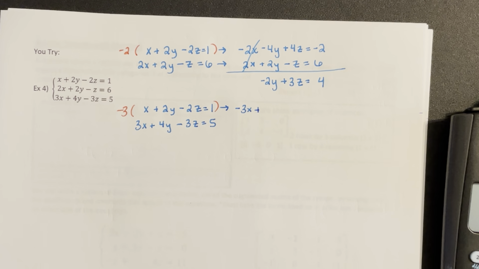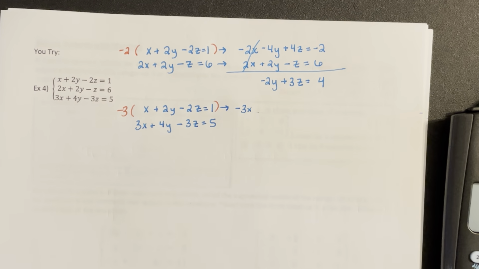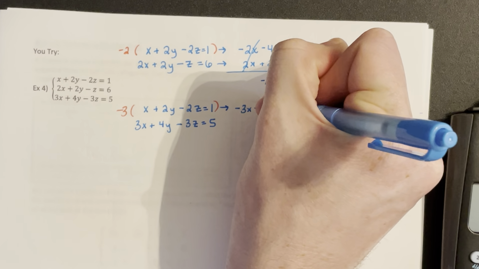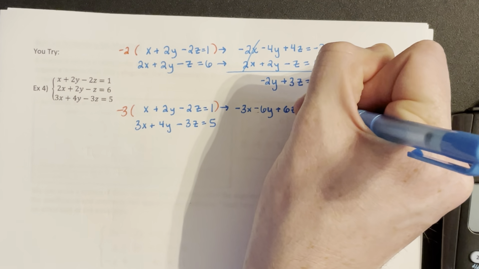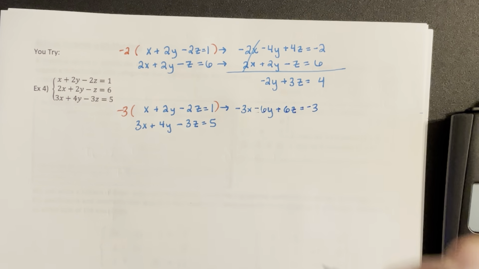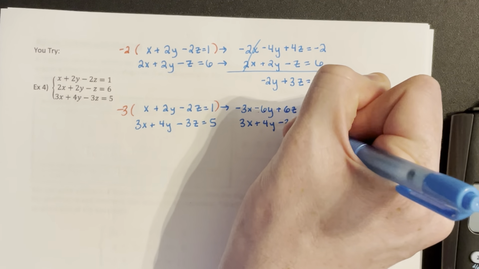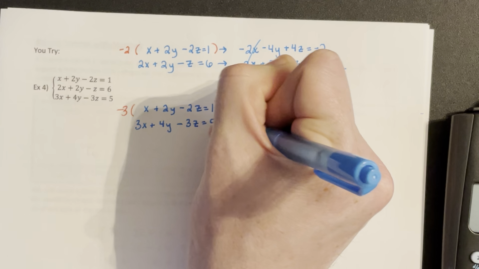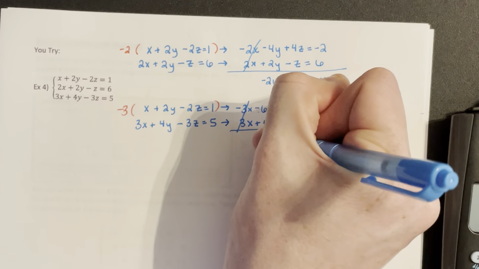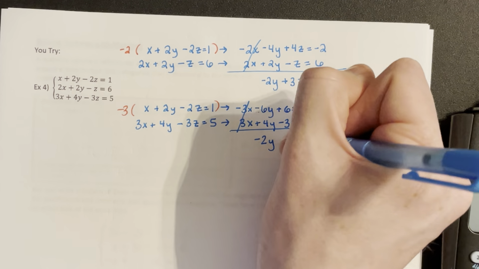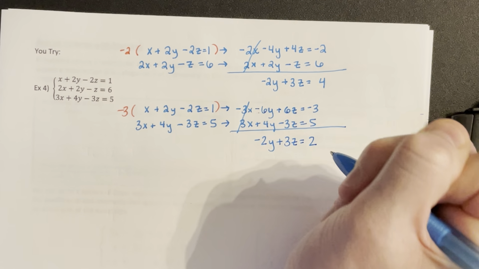Let's see, that'd be a -6y and a positive 6z equals -3. 3x plus 4y minus 3z equals 5. So that bottom one doesn't change, but we see the x's cancel out. Combining gives me a -2y, a positive 3z, and a positive 2.